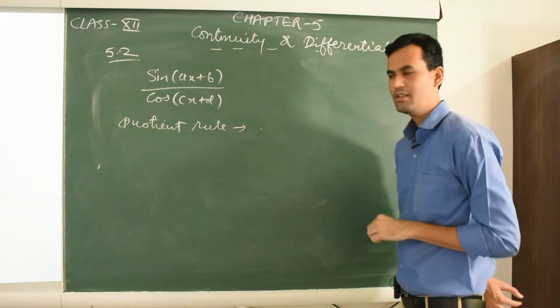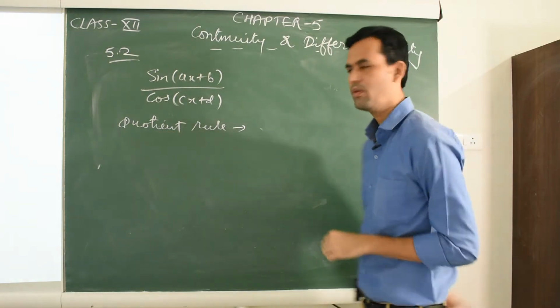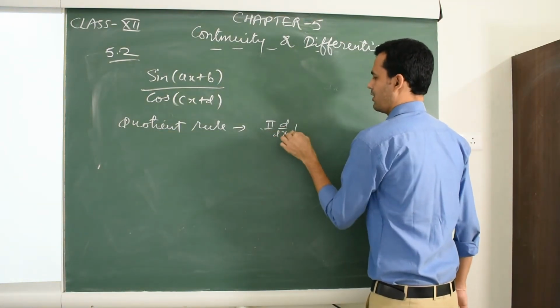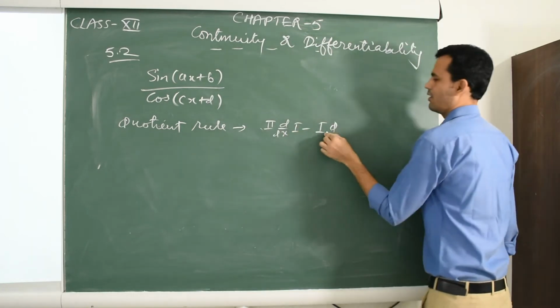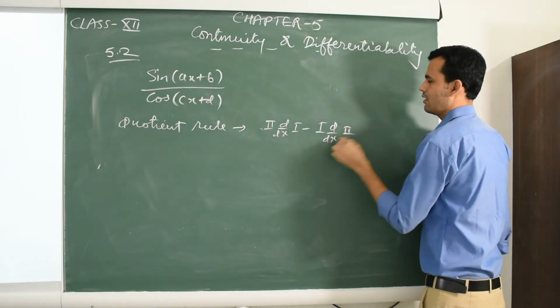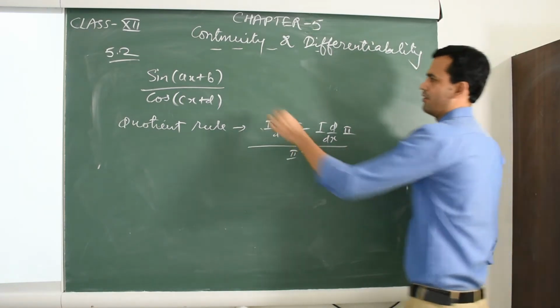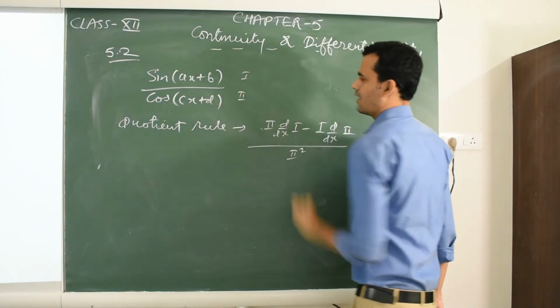So by quotient rule, from class 11th we use this quotient rule: second function times d/dx of first function minus first function times d/dx of second function, upon square of second function. This is first function and this is second function.